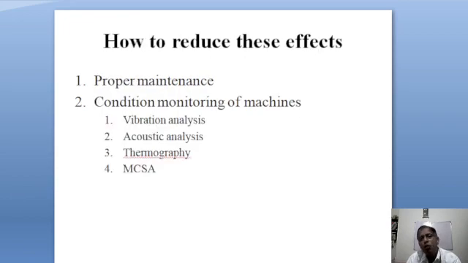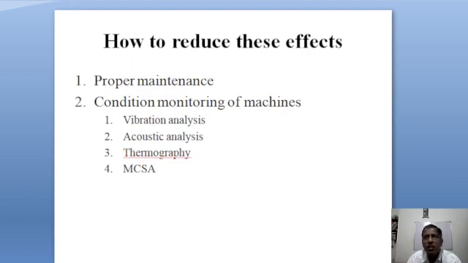Then how to reduce these faults and their effects? The first is proper maintenance. A proper maintenance schedule has to be there. All the machines are to be categorized into high precision, medium precision, and low precision machines, and accordingly the maintenance schedule has to be followed.